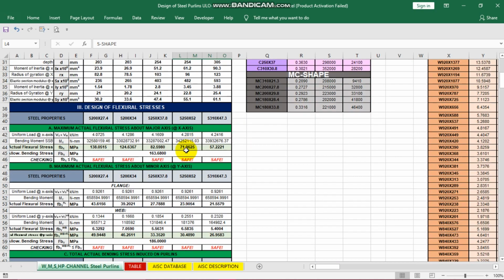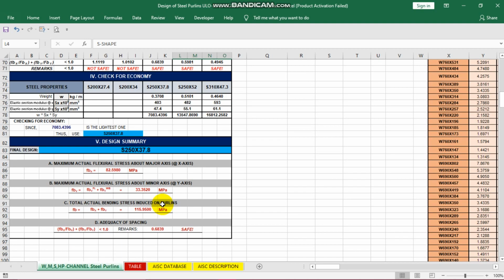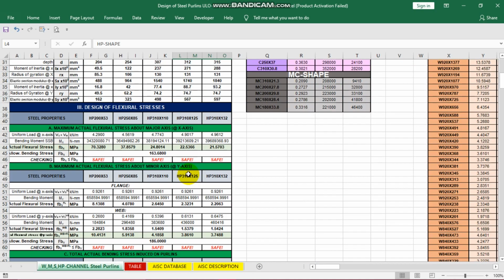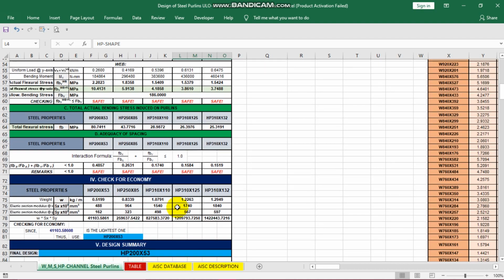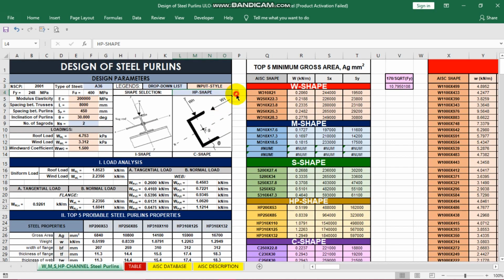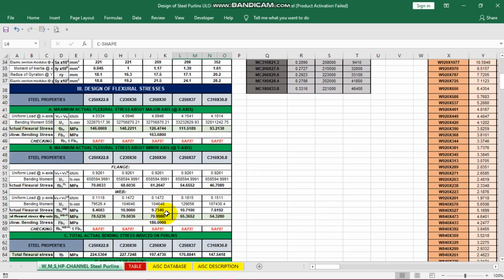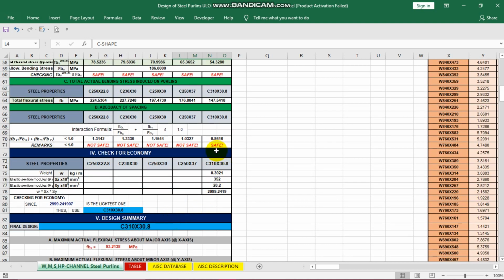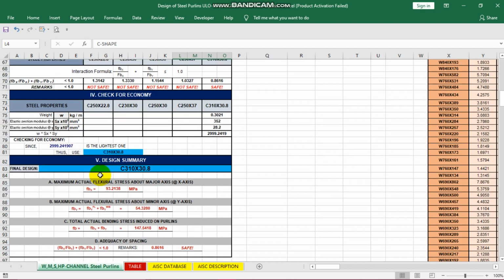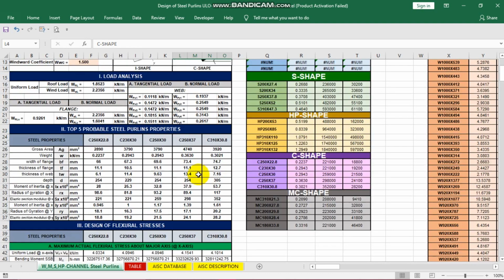For the S shape, only three passed, so I will take the most economical. Next, the HP shape. They are safe, so the most economical was taken, which is the HP 200 by 53. So, it is the one used. Next, for the C shape, only one passed, so it is the only one in the design summary. It is also the only economical one since it is the only one that passed.